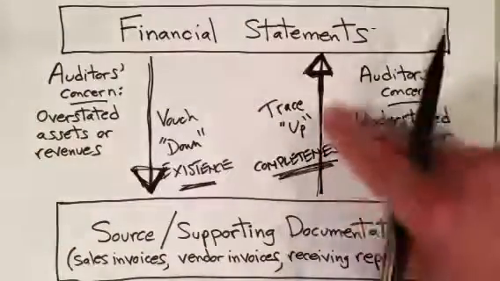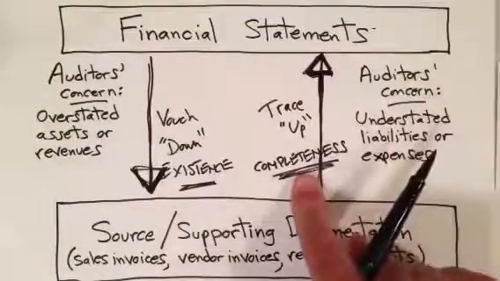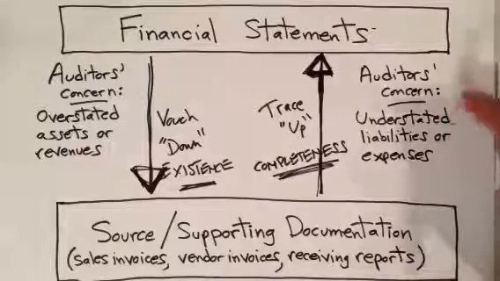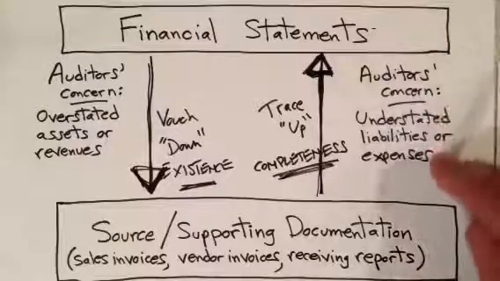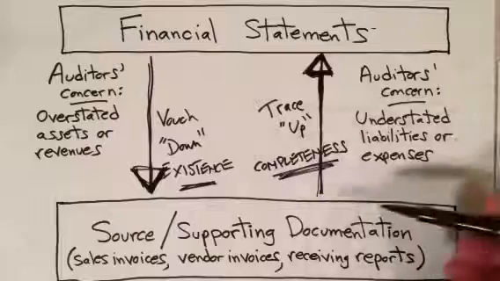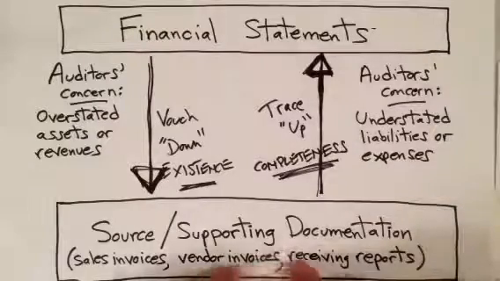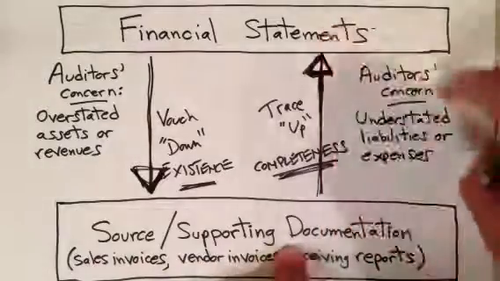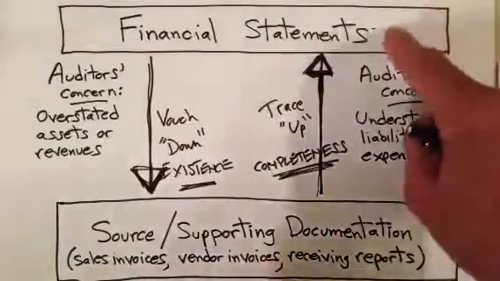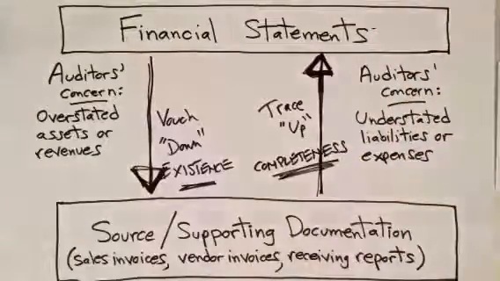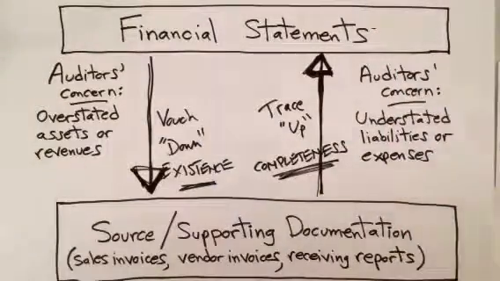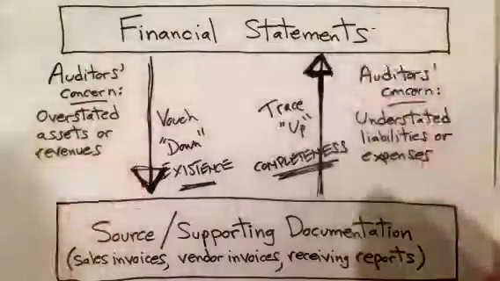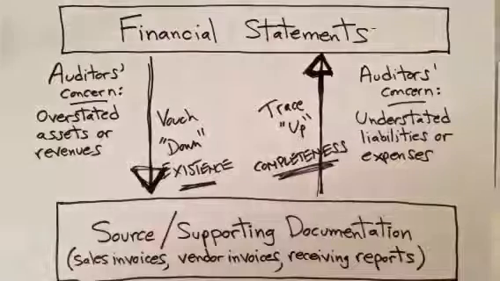We trace up to test for completeness because our concern as auditors is maybe the client has understated liabilities or expenses, and we want to check and see that supporting documentation has made it up into the financial statement so that the expenses and liabilities are appropriately recorded. I hope that helps explain the difference between vouching and tracing. Again, there really is no up or down, but this model maybe will help you understand and better remember the difference between the two.